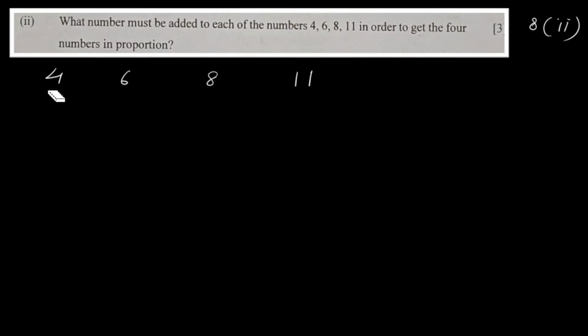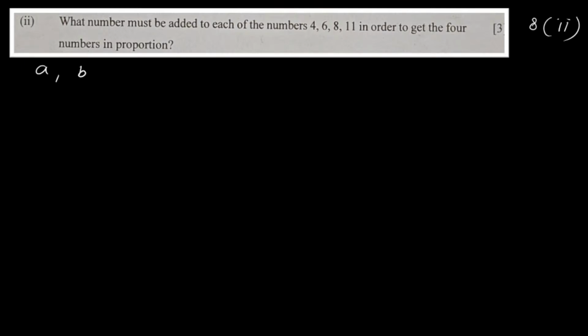So the definition of proportion we know: when two ratios are equal. So once again I'll just do a recap. If two ratios are equal, that means the numbers are proportional to each other.